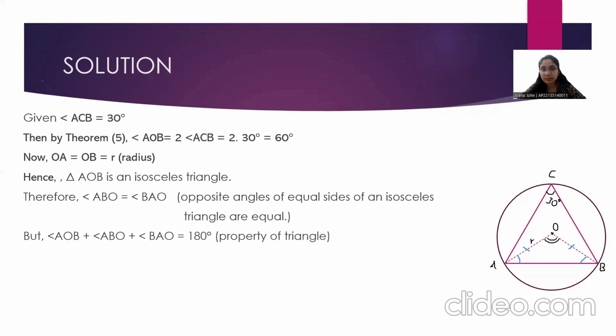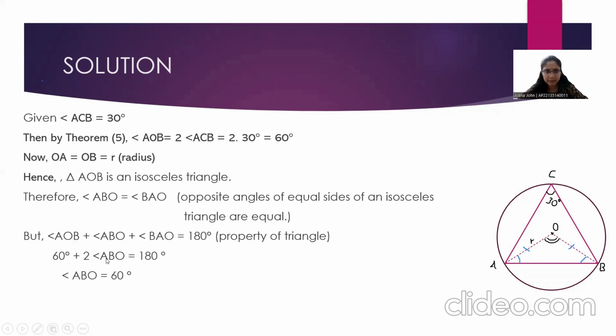But here we have already shown that angle ABO and angle BAO are equal, so they can be written the same. We can write it as 2 angle ABO. And we have already shown that angle AOB is 60 degrees. So 60 degrees plus 2 angle ABO equals 180 degrees by calculation.